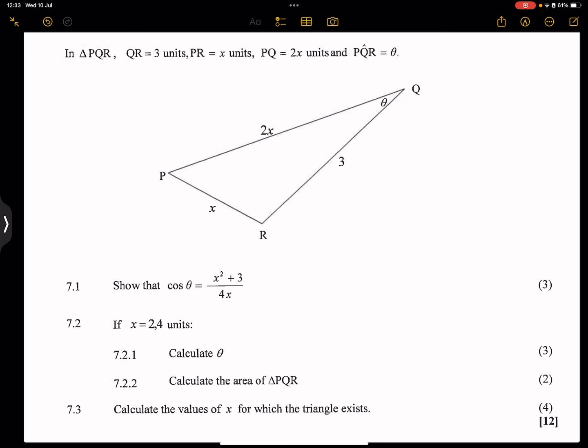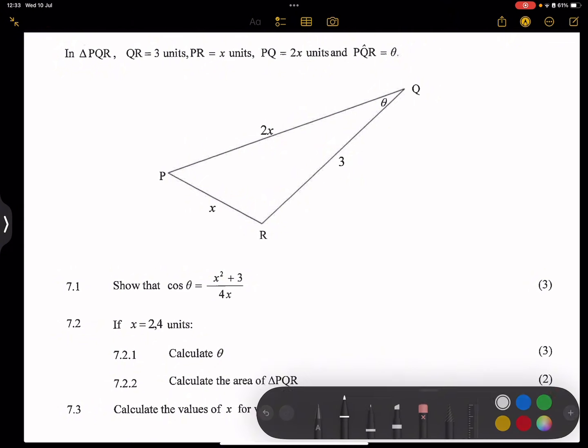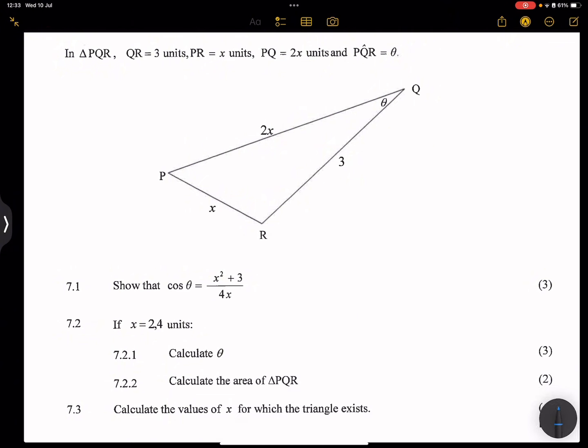Now, I want you to note firstly, they already gave us a cosine there. So of course, we're going to use the cosine rule. We've got angle theta given to us over there.